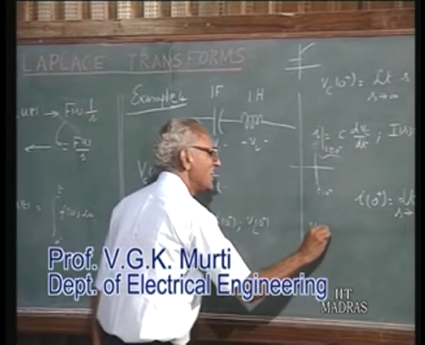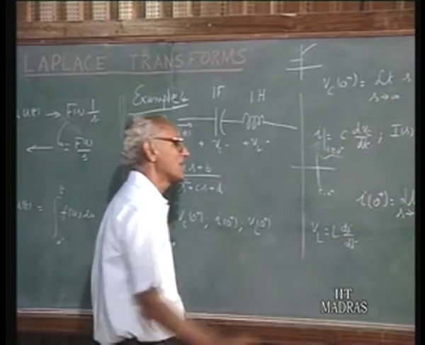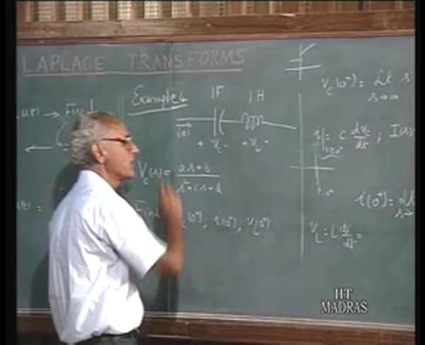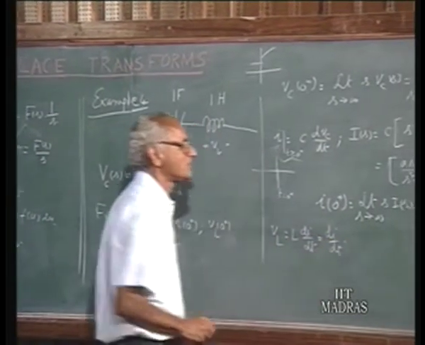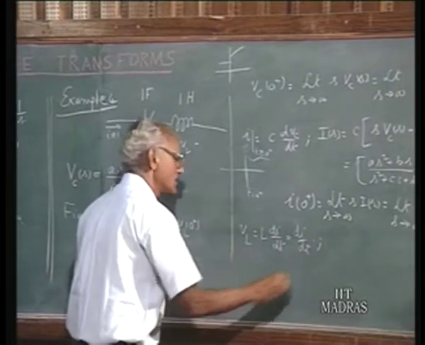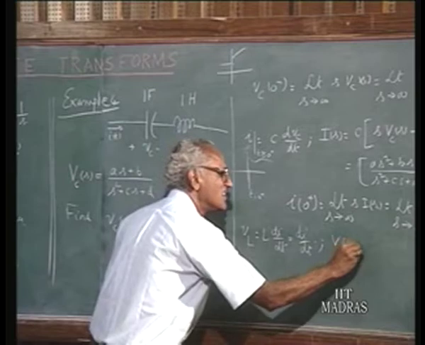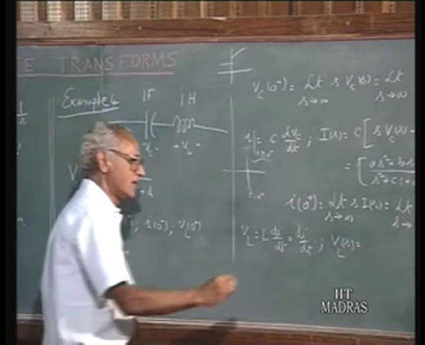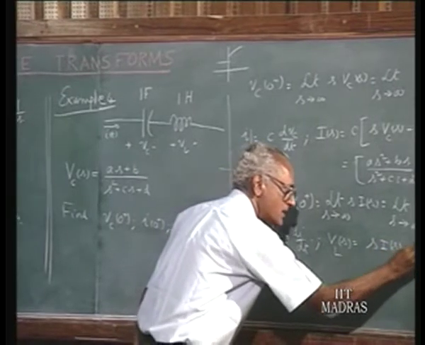Now again, to find the initial value of the voltage across the inductor, VL equals L di/dt. In our case, the inductance value L is 1 Henry, therefore this is di upon dt, which now tells us that VL of S is S times I of S minus I of 0 plus.